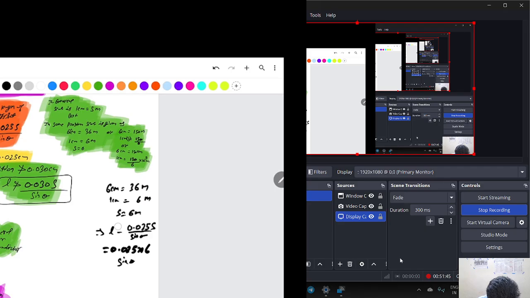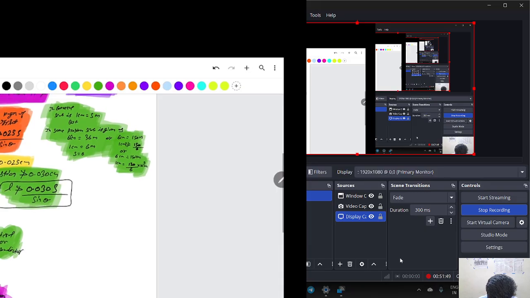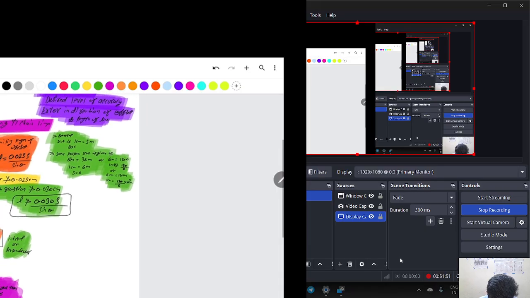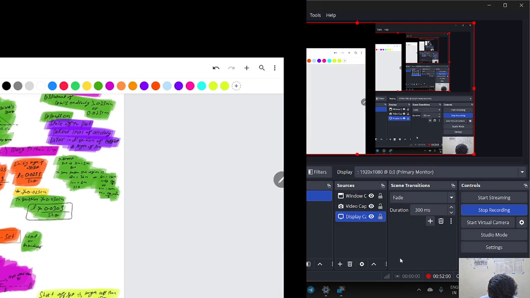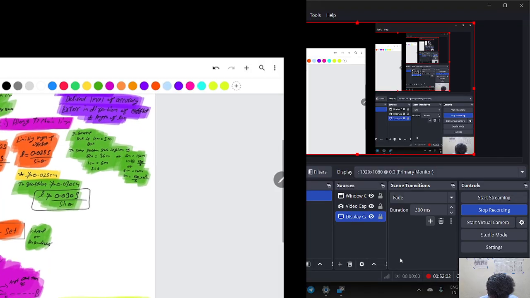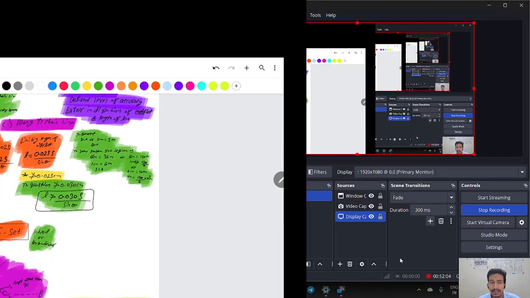This is the most important. 0.025 is usual, but if they are given in the question as 0.030 sine theta, then we will do it with this. Okay.